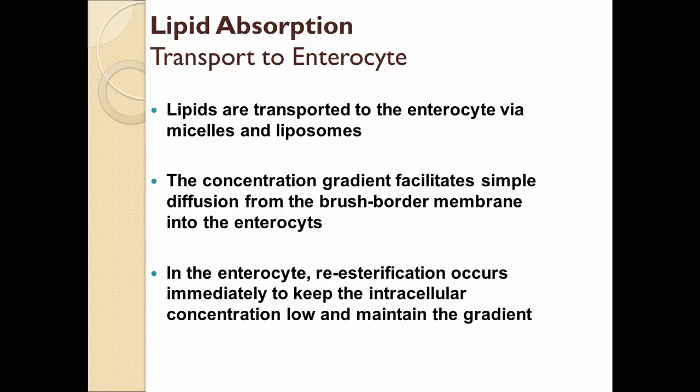Fatty acid binding proteins bind fatty acids and help transport them to the places where fatty acid re-esterification occurs, for example the ER, endoplasmic reticulum, right? The ER is a place where triglycerides are synthesized, right?